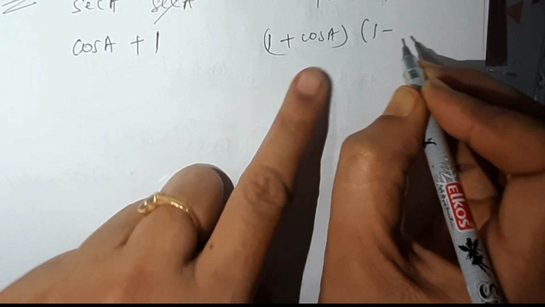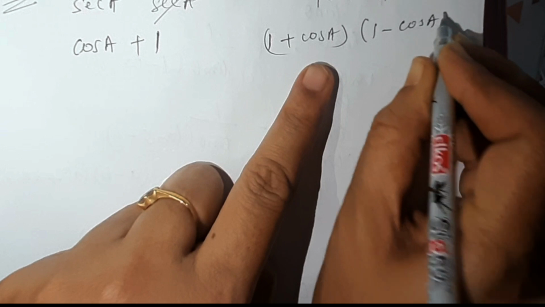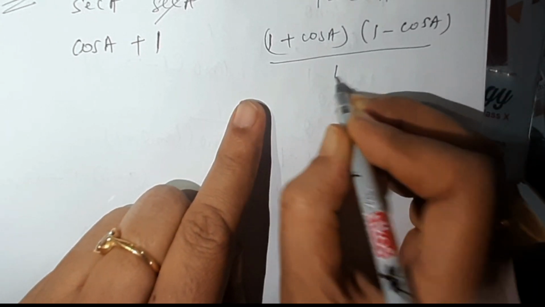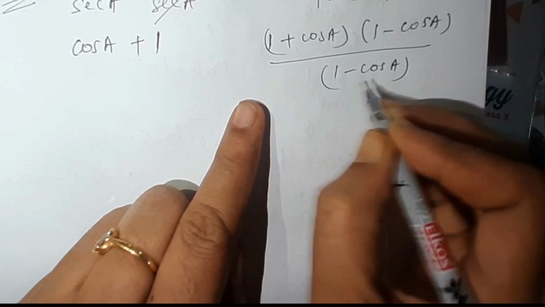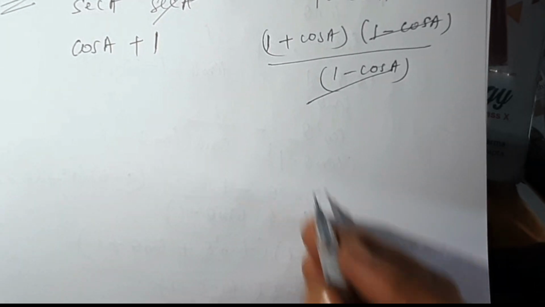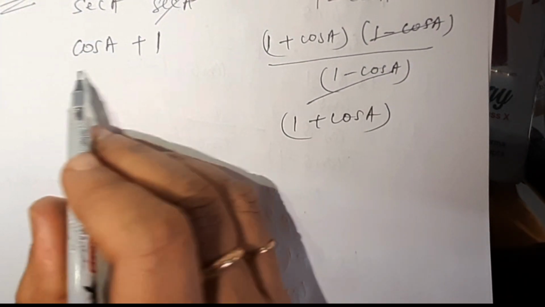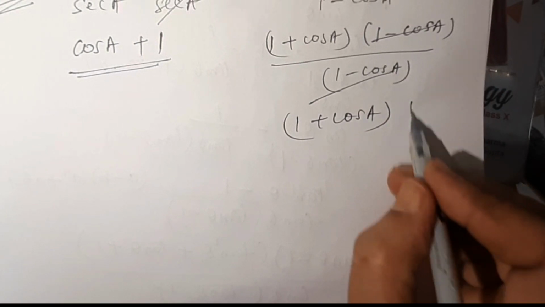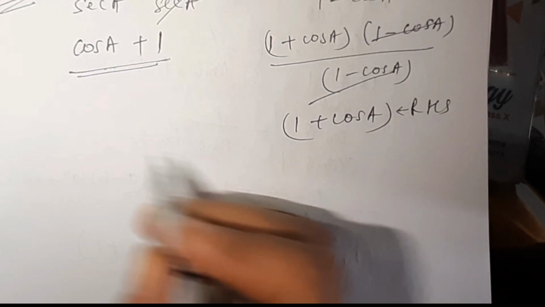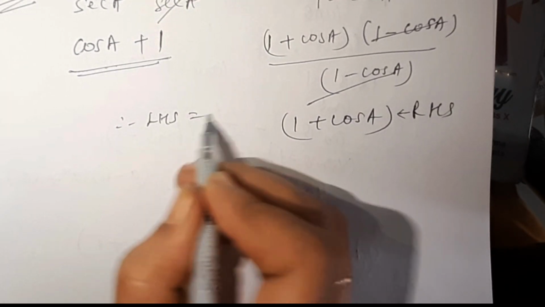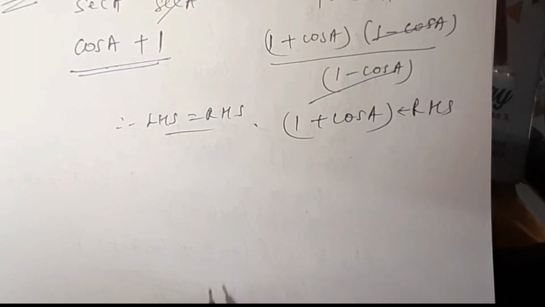So I wrote it as (1 plus cos a)(1 minus cos a), whole divided by 1 minus cos a. Now 1 minus cos a will get cancelled. So this will be left with 1 plus cos a, and even our LHS was the same. So LHS and RHS both are equal. Therefore LHS is equal to RHS.